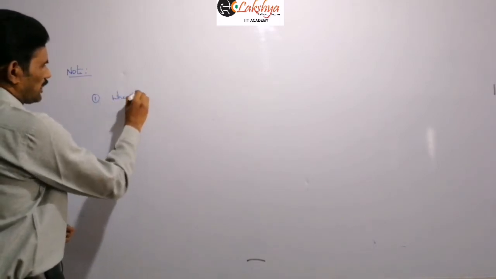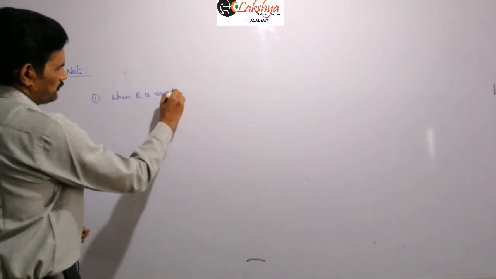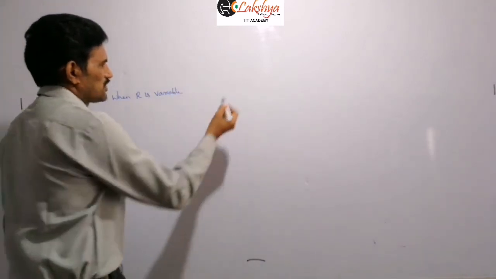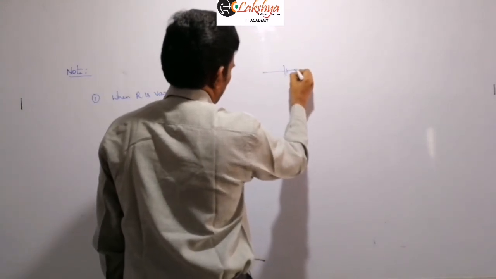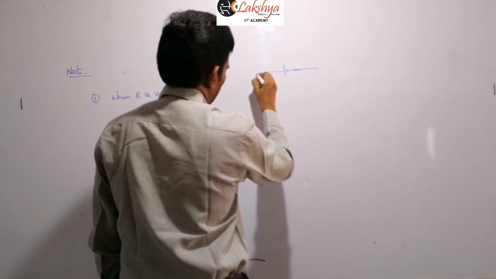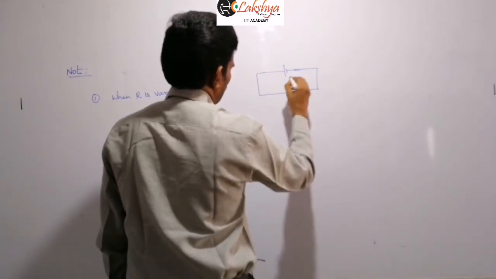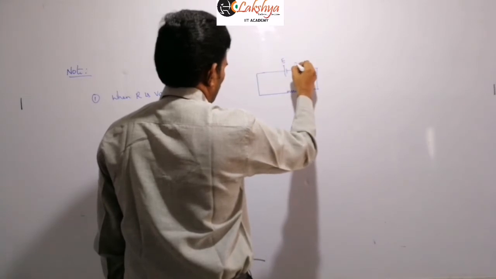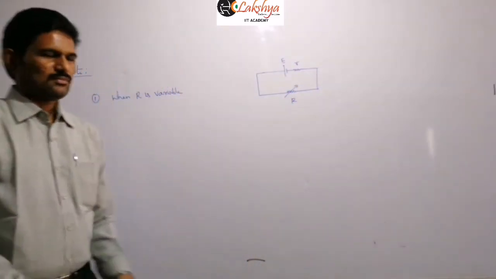When R is variable, I am taking a simple circuit here. This is EMF E and resistance r, and this is the R. Now this R is variable, right?